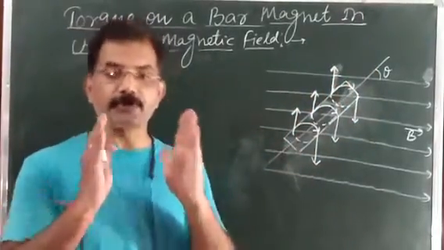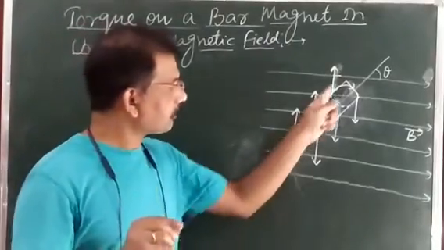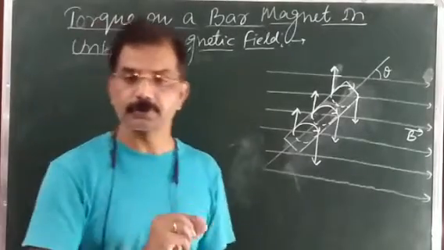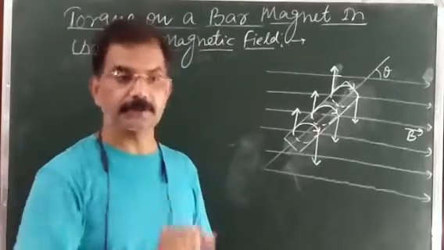According to the modern view, each atom of this bar magnet behaves like a small current loop. Why? Because a current loop behaves like a magnet.